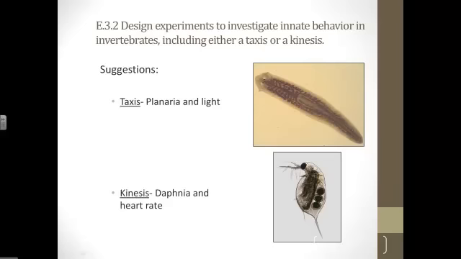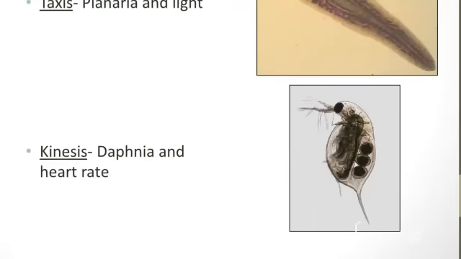Moving on to kinesis, and here is a picture of a Daphnia, which is a common water flea. This is actually an animal, a simple animal. It has a heart and a nervous system. And it also can respond to different stimuli in the environment.